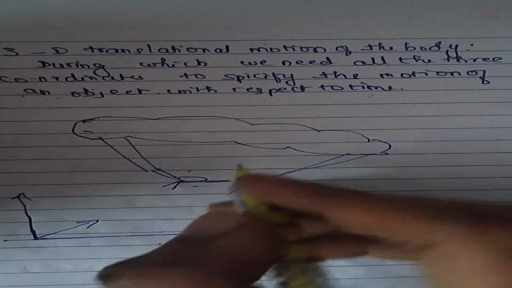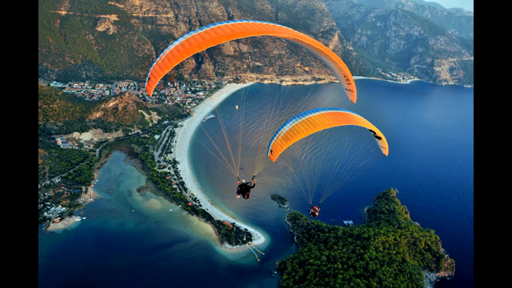For example, consider paragliding, in which people go by a parachute like that. The people go in the sky and cover a random path.